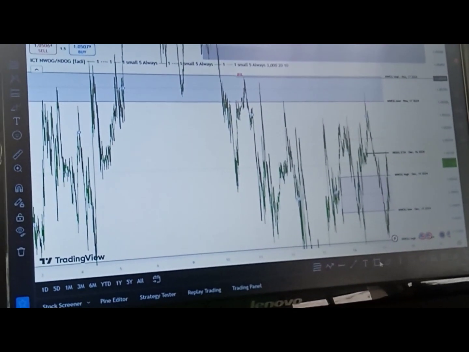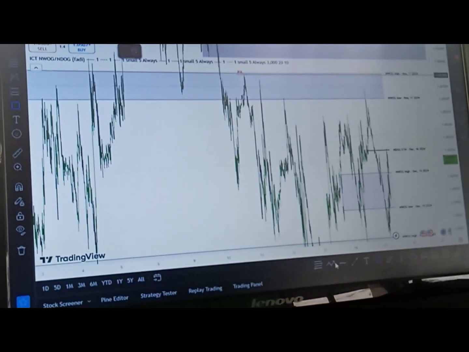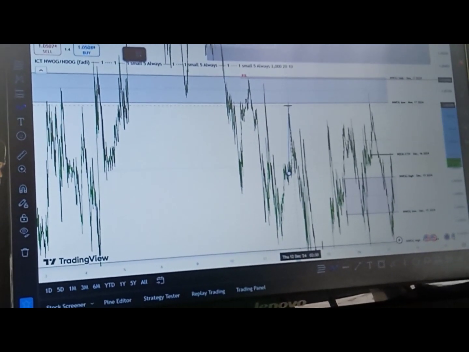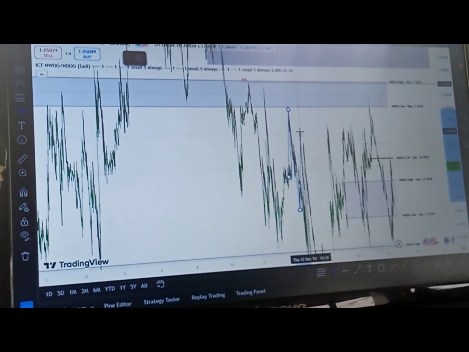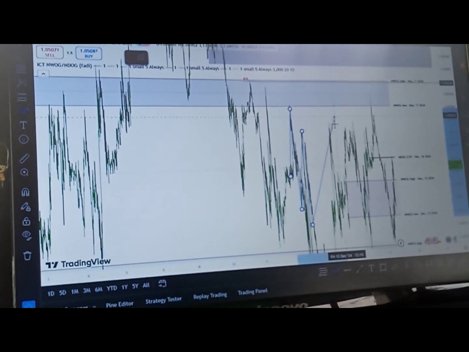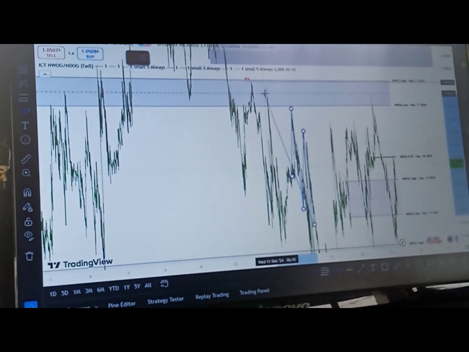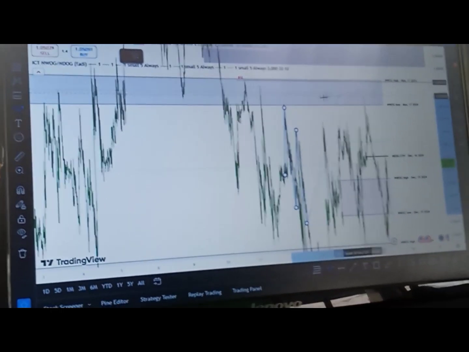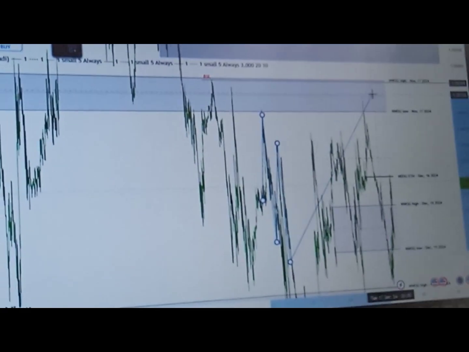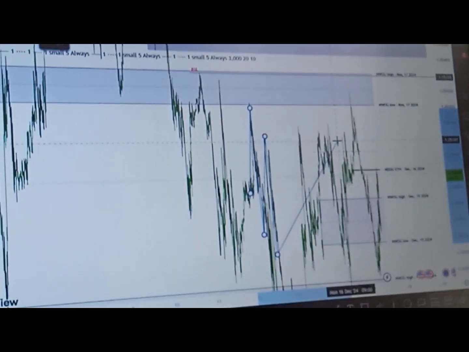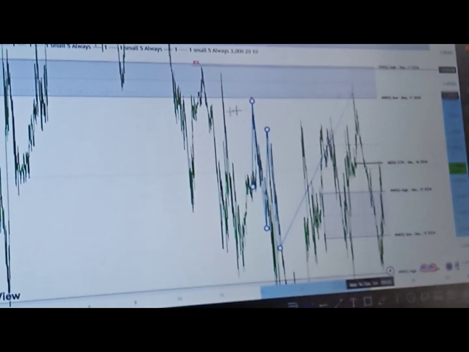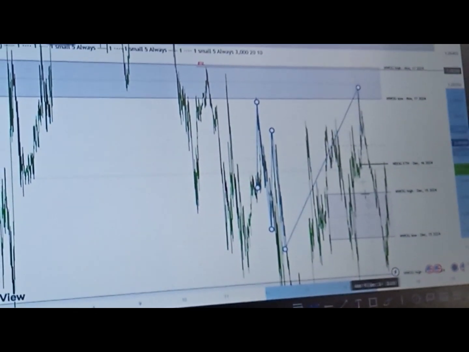So I was seeing these equal highs, and what I was expecting from last week was for it to take out these highs and maybe get to the consequent encroachment of this, or at least just tap into it after taking out this, and then start selling.